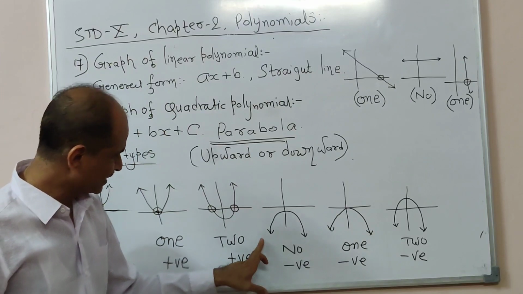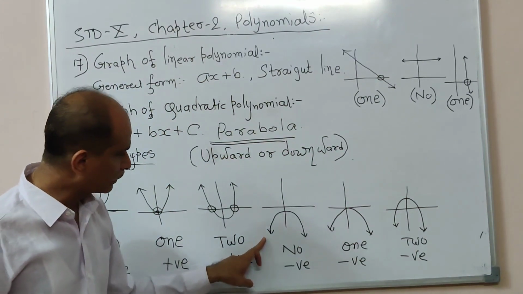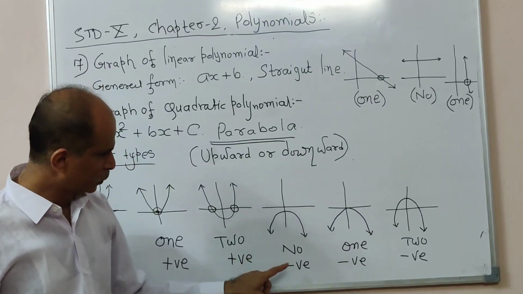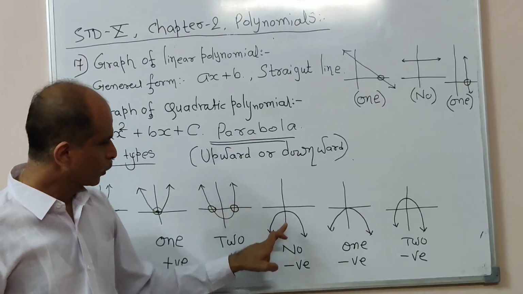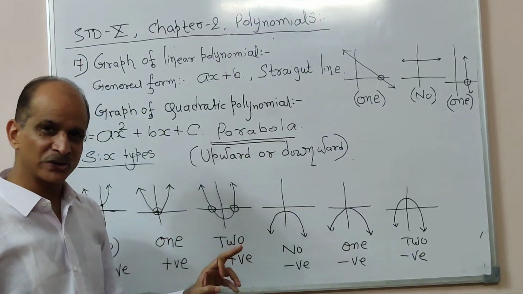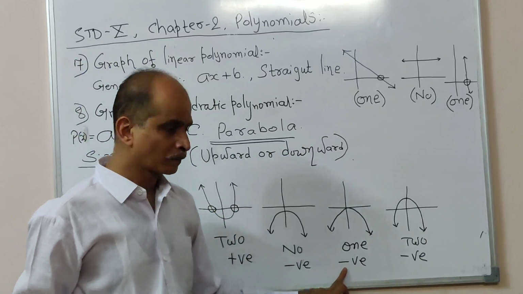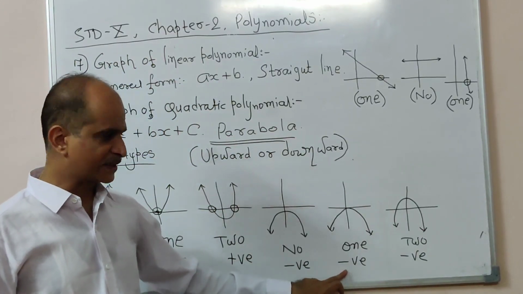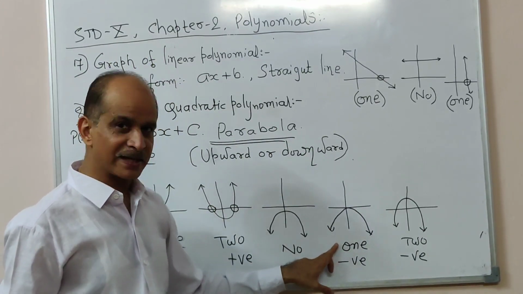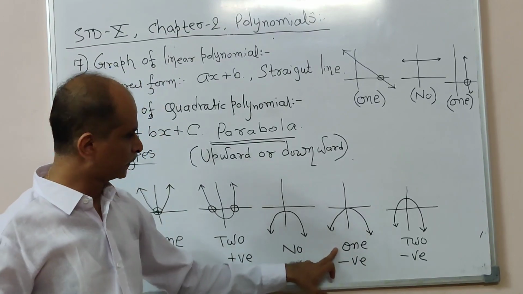Let us discuss these concepts in another graph. This graph is a downward parabola, so the coefficient is negative, it does not intersect the x-axis, and that's why it has no zero. Here in this graph, a downward parabola, so the coefficient of x square is negative, and it intersects the x-axis at one point, and that's why it has 1 zero.